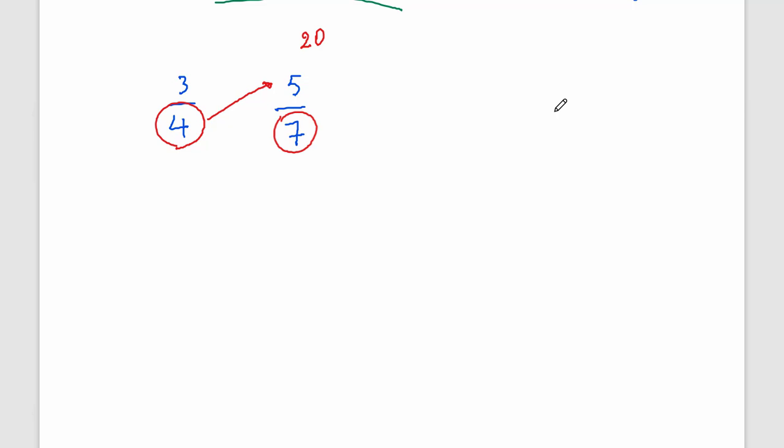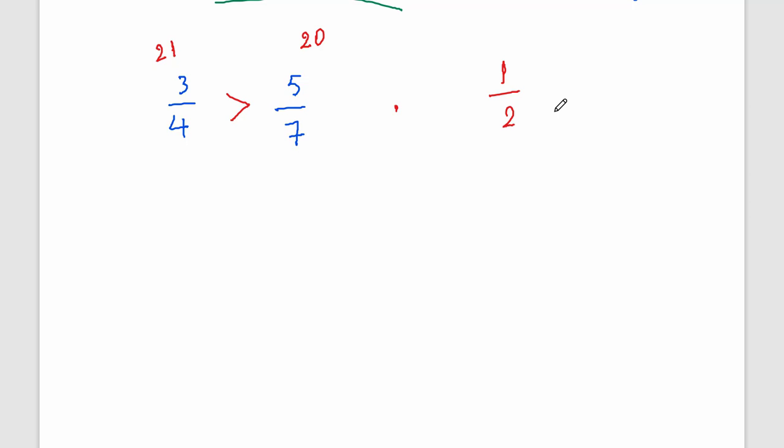So multiply the 7 by the 3. You will get 21. And now it's very easy for us to compare 21 and 20. Of course, 21 is greater. In this case, we say that 3/4 is greater than 5/7.